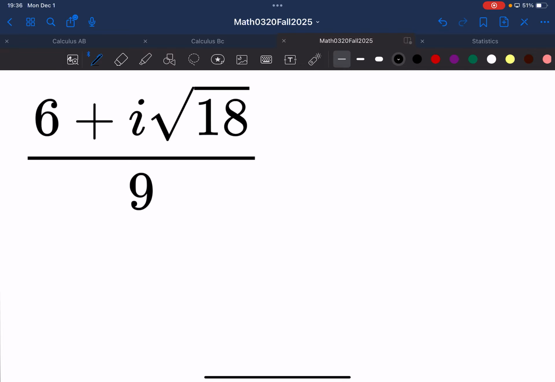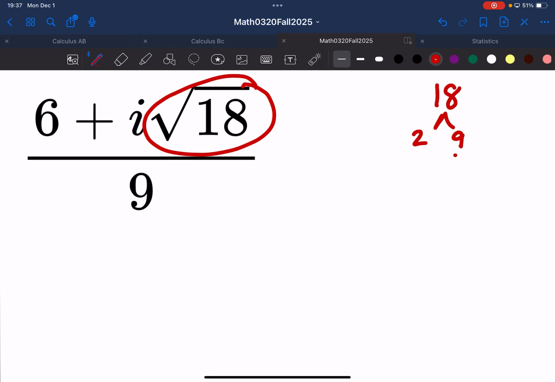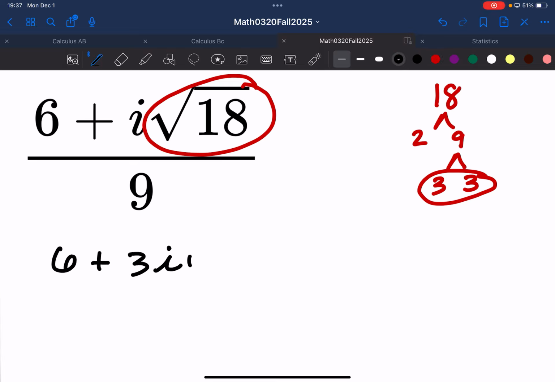So since there's not an i on the denominator, I'm going to take the square root of 18, and I'm going to do the prime factor tree. So 2 goes into 18 9 times, 3 goes into 9 3 times, so I have a pair of 3's. That 3 is going to come out. So I have 6 plus 3i square root of 2 over 9.